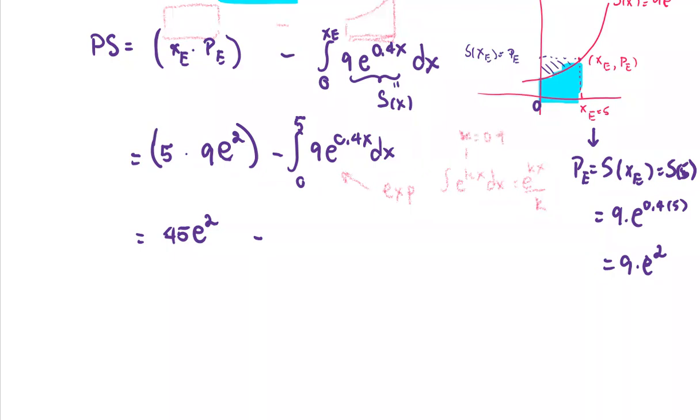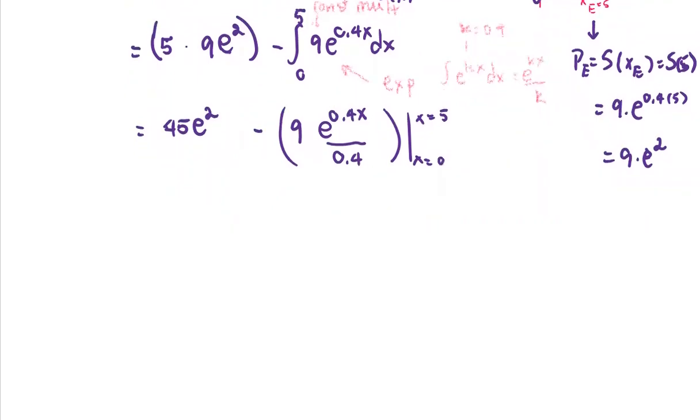So we apply that rule, and 9 is the constant multiple, or the coefficient, which doesn't change anything. For the exponential rule, it's going to be e to the 0.4x divided by 0.4. The integral and dx go away together. We evaluate from x equals 0 to x equals 5.